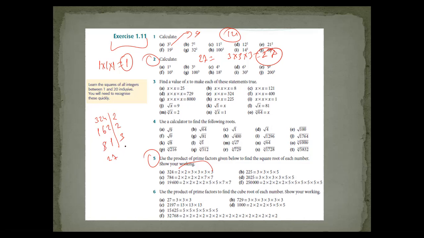It is 27, then 9, 3, 3, 3, 1. There is 3 to the power of 4 times 2 to the power of 2, or 2 squared. As you see here, 3 times 3 times 3 times 3 is 3 to the power of 4, and here also 2 times 2. So these are the prime factors of 324.